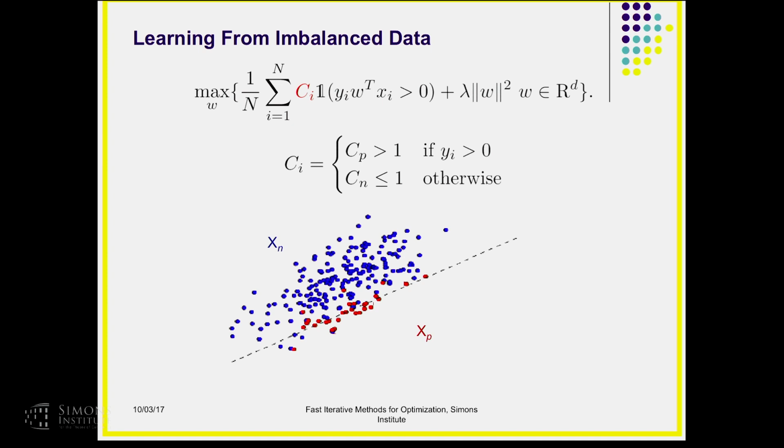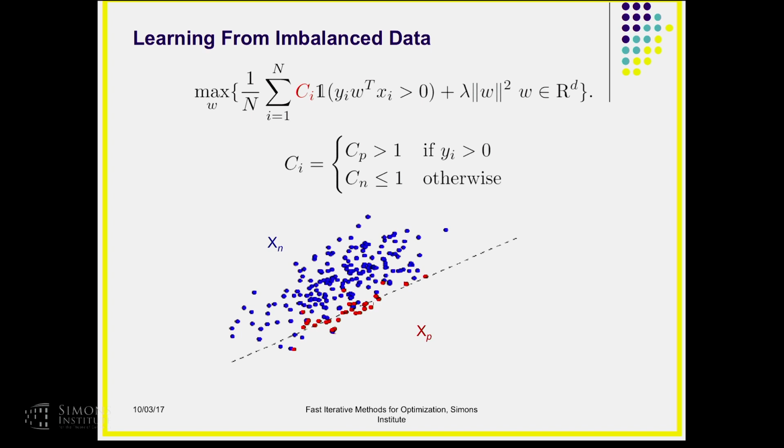So the measure of a classifier for imbalanced data sets is not usually accuracy, but the trade-off between false positive rates and false negative rates, or true positive rates. So what people sometimes do to find a classifier that has good AUC is weigh the positive and negative classes differently, right?